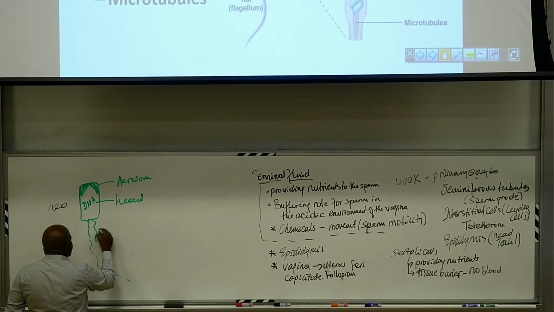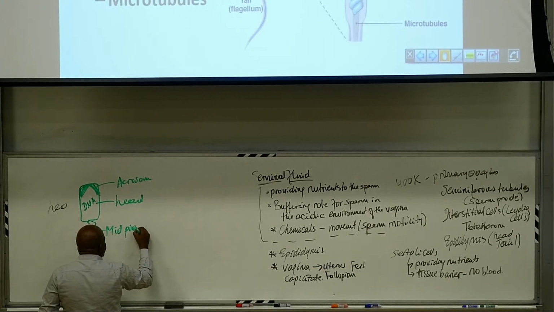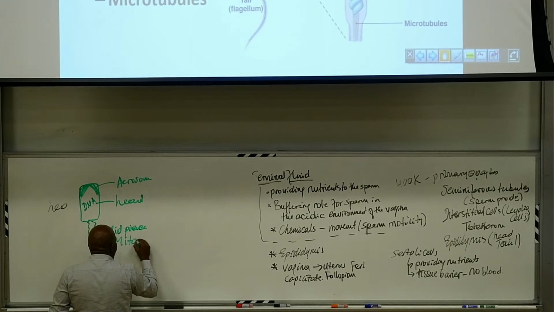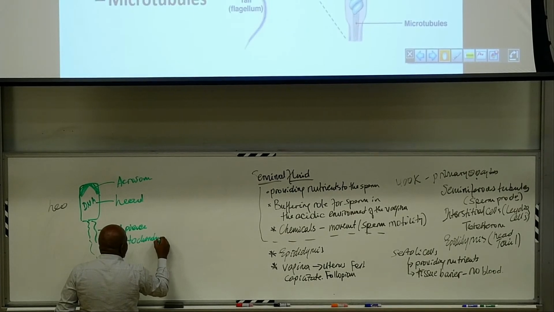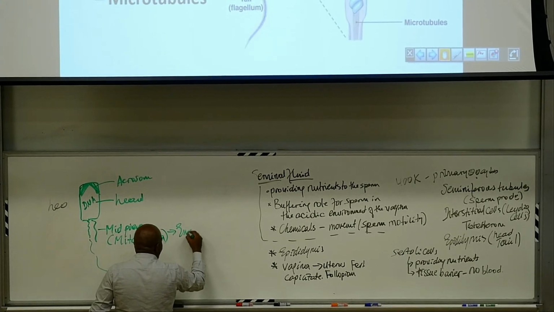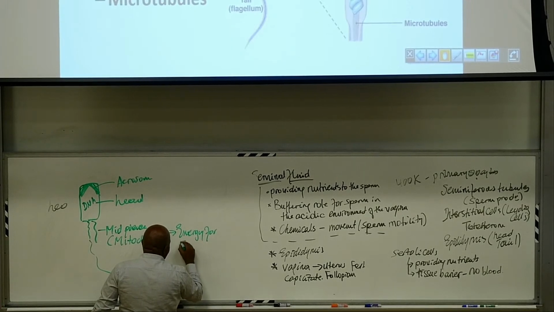The mid piece is the next part, which has the mitochondria of the sperm. The mitochondria of the sperm provide energy for sperm motility.